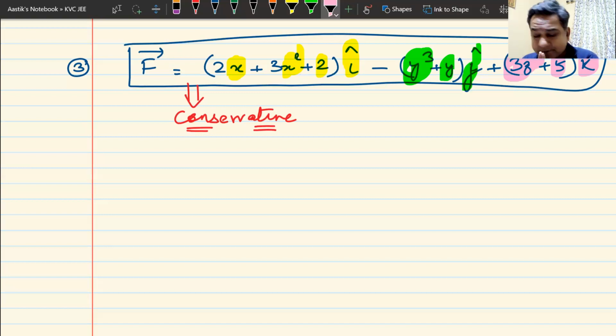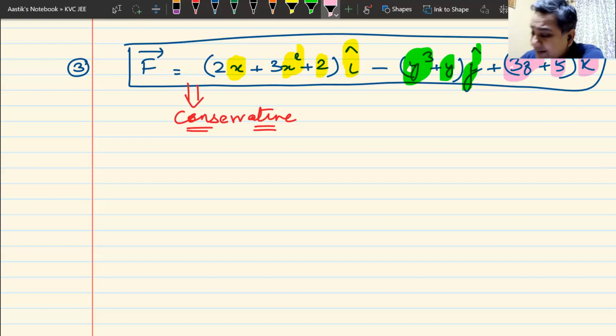The next question is, if I find out, what is the advantage of it? Why do I want to find out? Now, I hope we appreciate the fact that we now know whether a force is conservative or not. What is the advantage of being a conservative force? Think about what we have studied in conservative force.